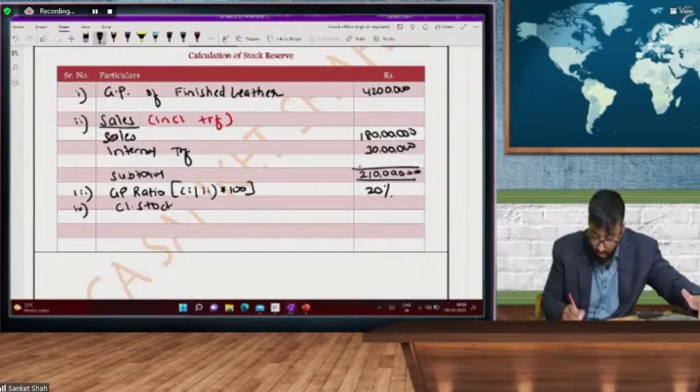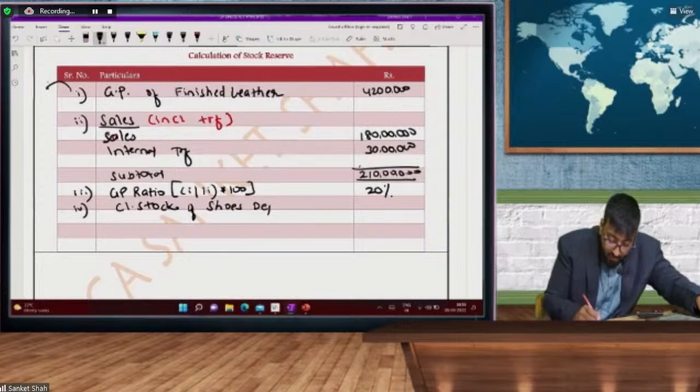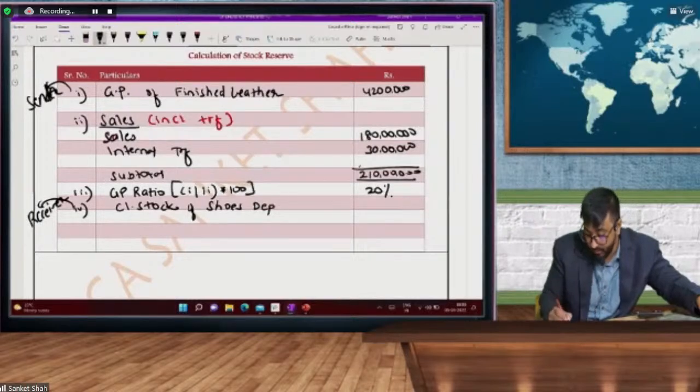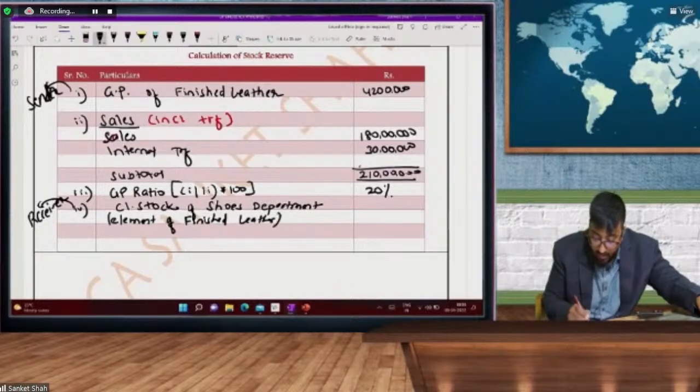Closing stock of which department? Receiver. GP of sender. And closing stock of receiver's, shoes department. Element of finished leather: full closing stock or only finished leather? 75%.